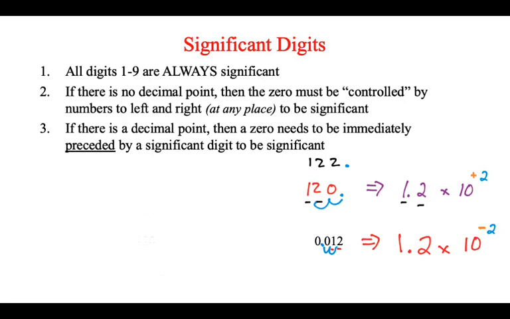Back to that concept of big and small: big and small is all relative to 1. If it's smaller than 1, negative. If it's bigger than 1, 120 is bigger than 1, make it positive.